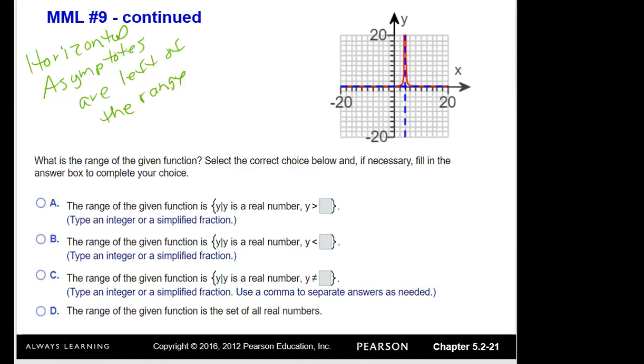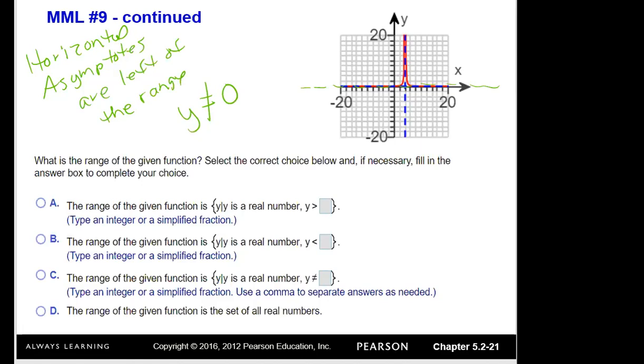On this one, my horizontal asymptote is the x-axis, and that has the equation of y equals 0. So y cannot equal 0. And that would be choice. Oh, hang on.